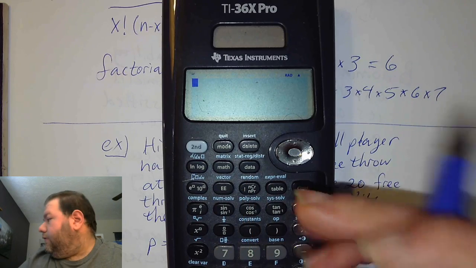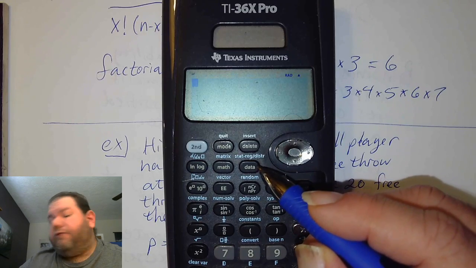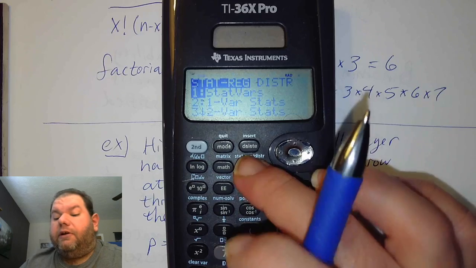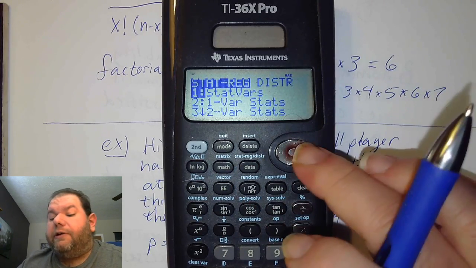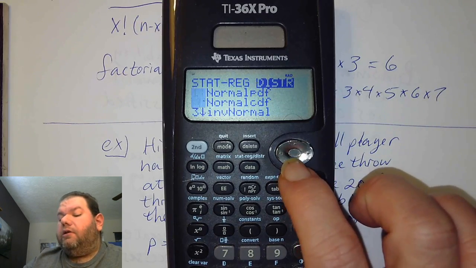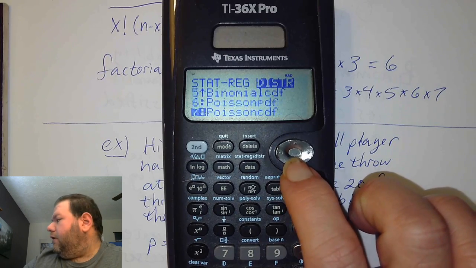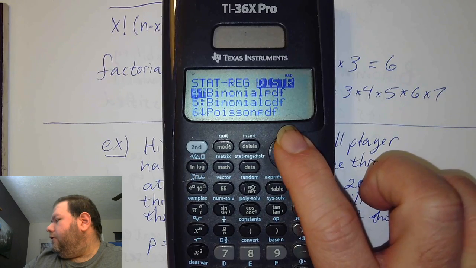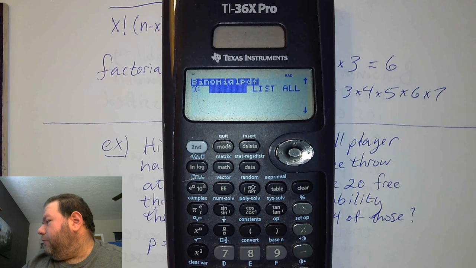Now notice in this case, distribution is actually right above the data button. This is what we used previously. So here, previously we used the 1var stats button, but now we just arrow right to distributions. We'll go down to option, I think it's A, or no, not nearly as many this time. It's option 4. Sorry. And press enter.